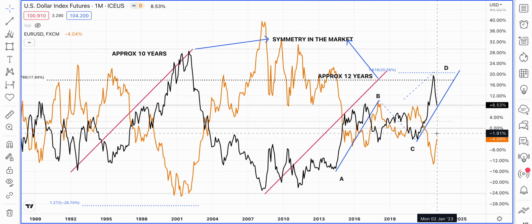So the purpose of this video was to show why we think the dollar has topped and why it did, because of the symmetry in the marketplace.